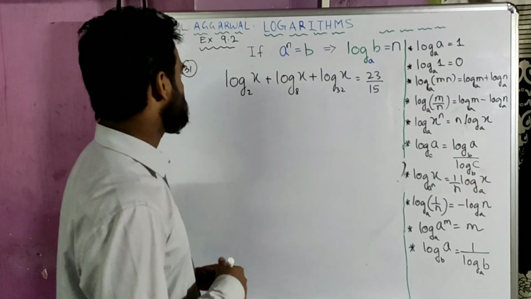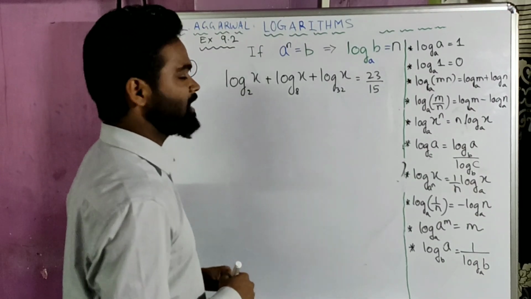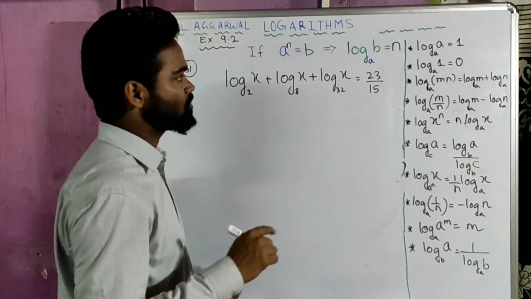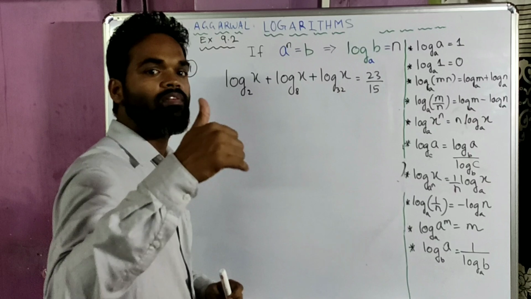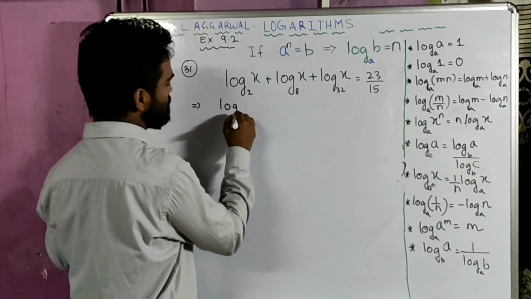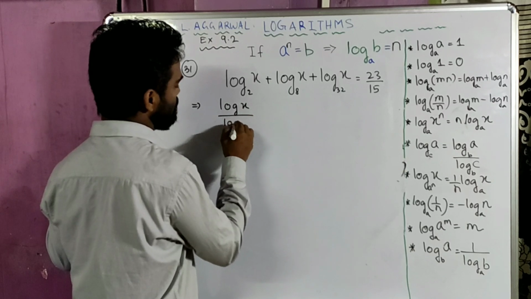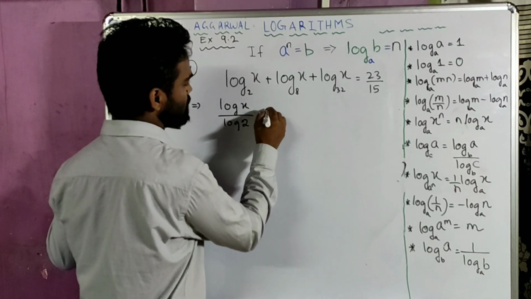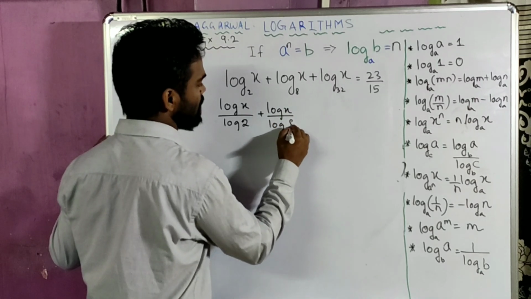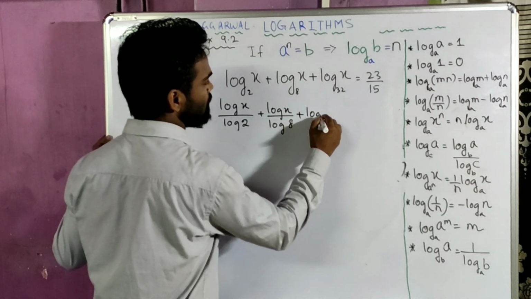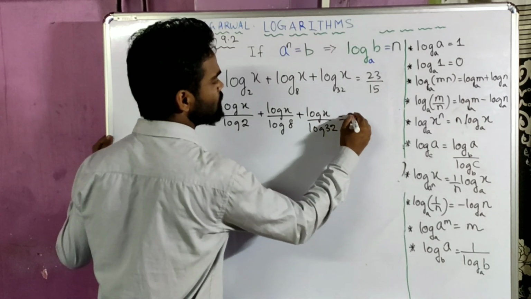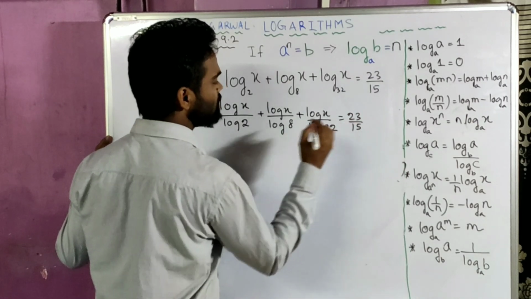Now look at the last sum. Log x base 2 plus log x base 8 plus log x base 32 equals 23 by 15. We need to find the value of x. Now by base changing rule, can I write this as log x by log 2, this I can write log x by log 8, this I can write log x by log 32 equals 23 by 15.